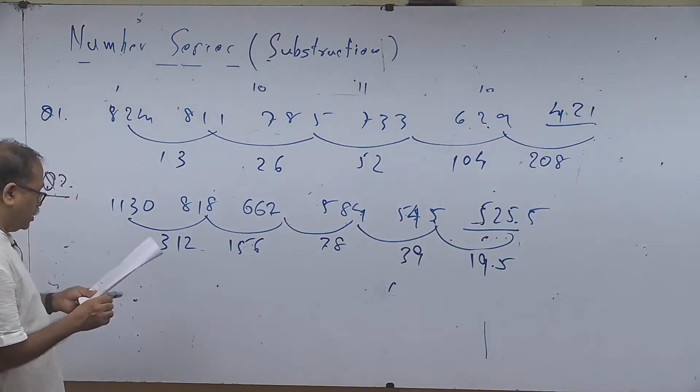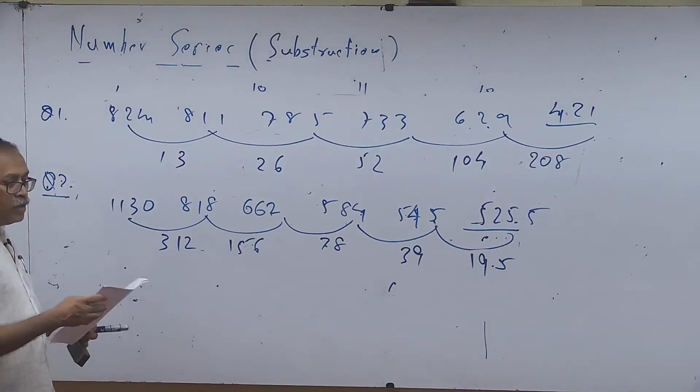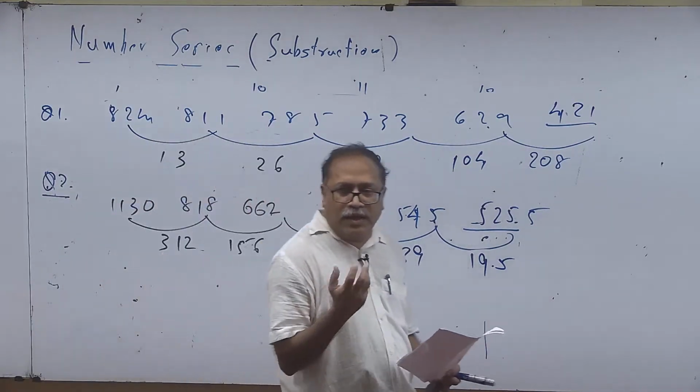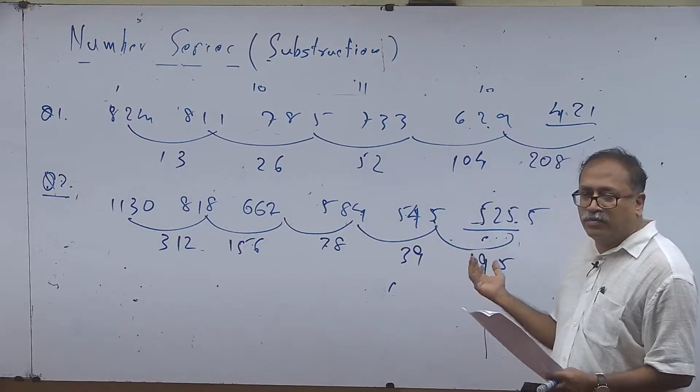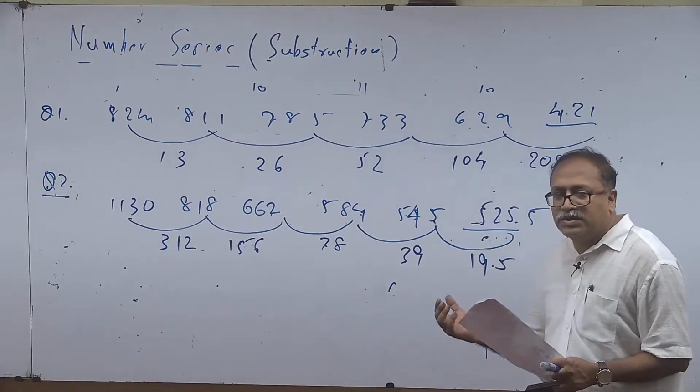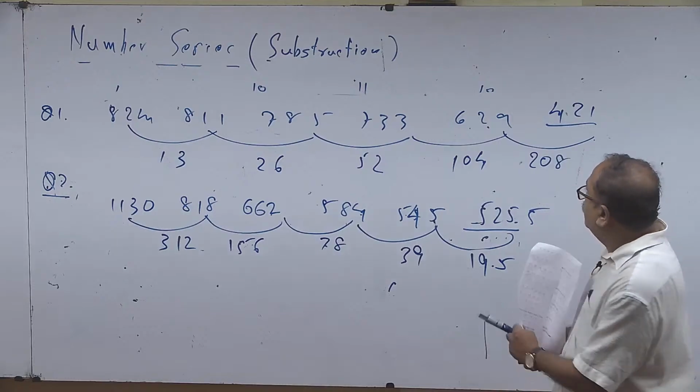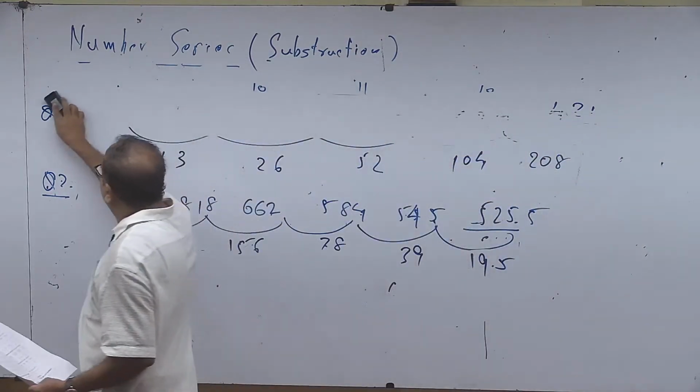Okay. So next category we will move on, where you have a combination of addition and subtraction, both. So the first time it is added, then followed by subtracted, then added, followed by subtracted, or in any order. Let's move on to that.